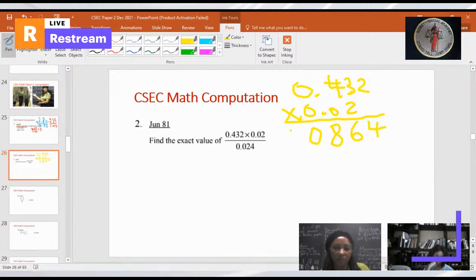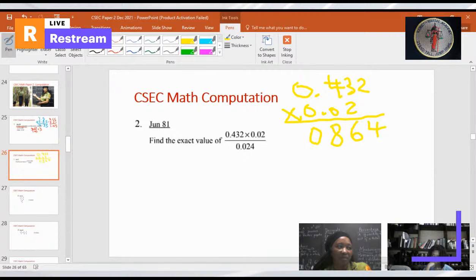How do you know where to put the decimal point? Miss, you'd count the number of decimal places in both numbers.